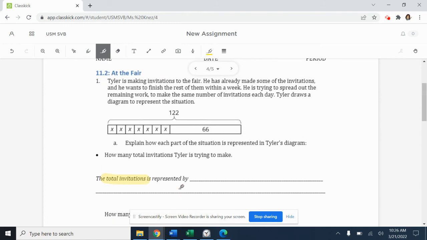Notice that the total number of invitations matches the total in the diagram, 122. Tyler has already made 66 invitations, and he has 7 days to make more invitations. We know that he has 7 days because he's splitting the remaining invitations into 7 groups of X.